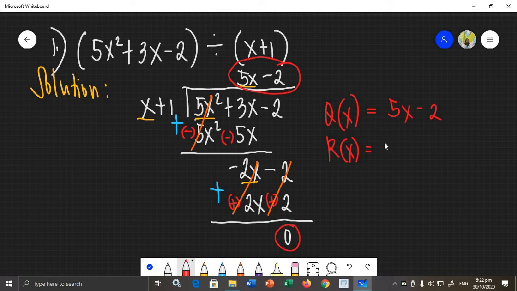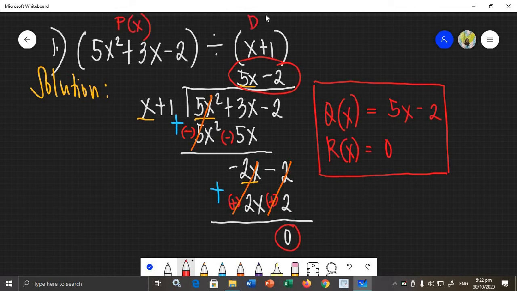So in this example, our remainder is 0. So 5x minus 2 will be your final answer. Yan lang naman yung ipapahanap ko sa inyo. Given naman yung P(x), and this is your D(x). Let's solve another example.